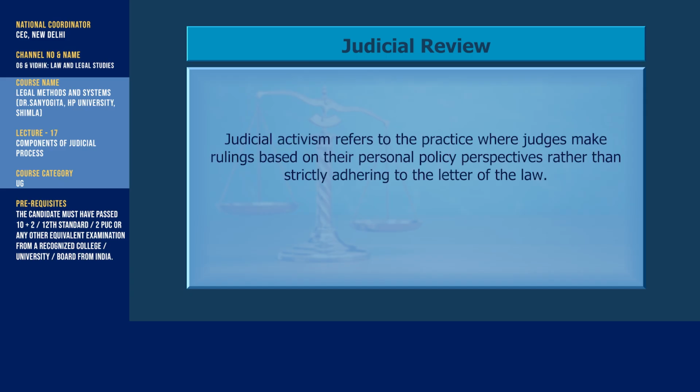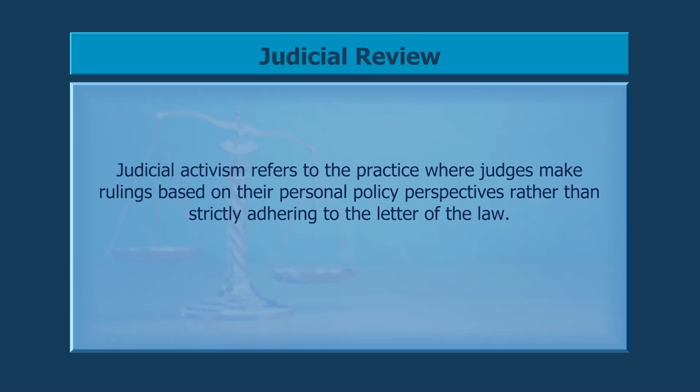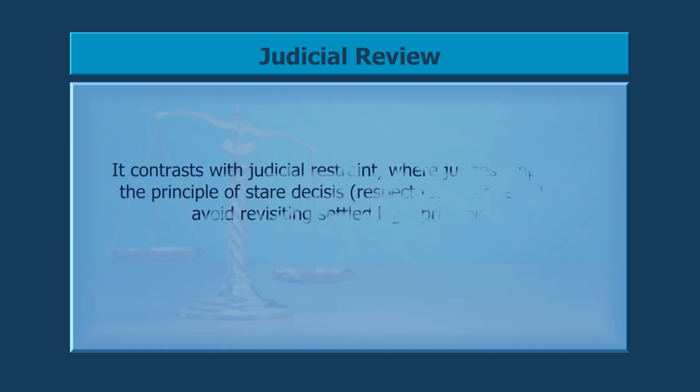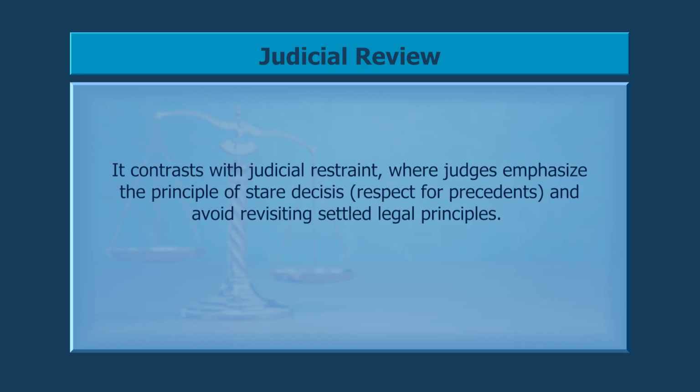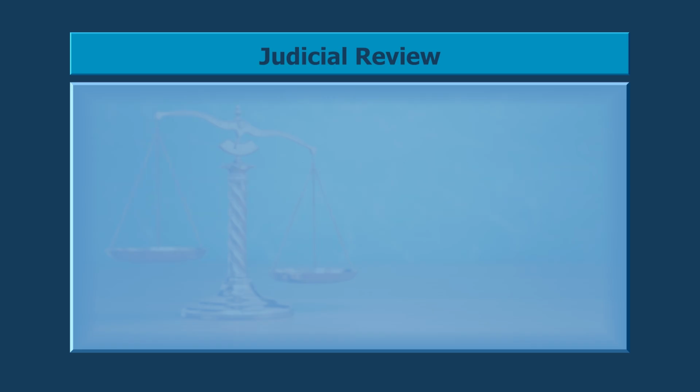Judicial activism refers to the practice where judges make rulings based on their personal policy perspectives rather than strictly adhering to the letter of the law. It contrasts with judicial restraint, where judges emphasize the principle of stare decisis, that is, respect for precedents, and avoid revisiting settled legal principles.